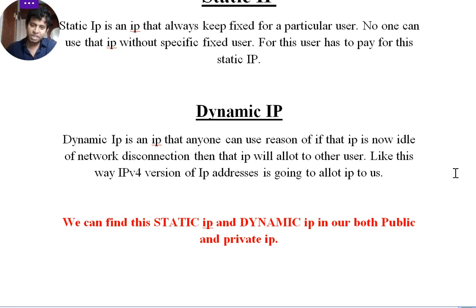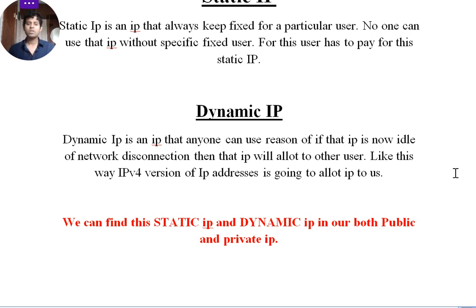With this facility, these dynamic IP facilities, IP version 4 is working with us. With only 4.7 billion addresses, they are working with dynamic IP policies for more internet users than that now.